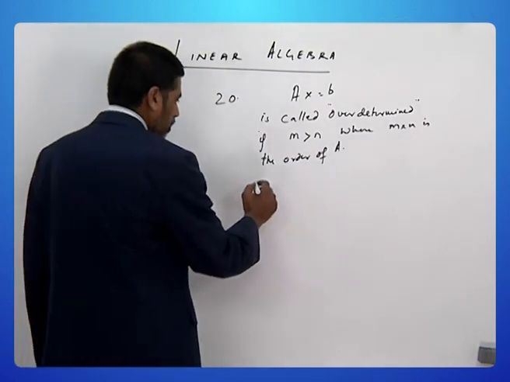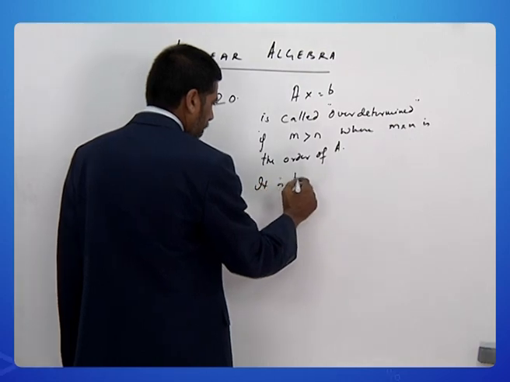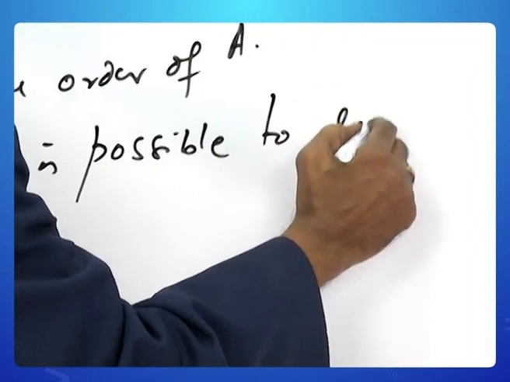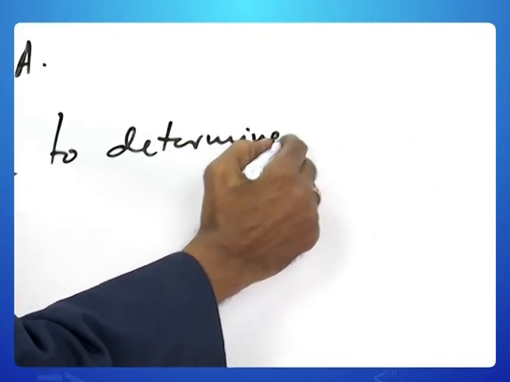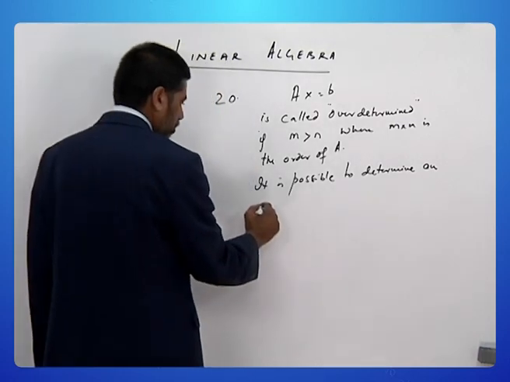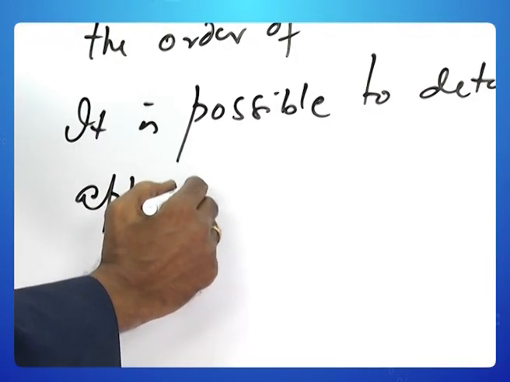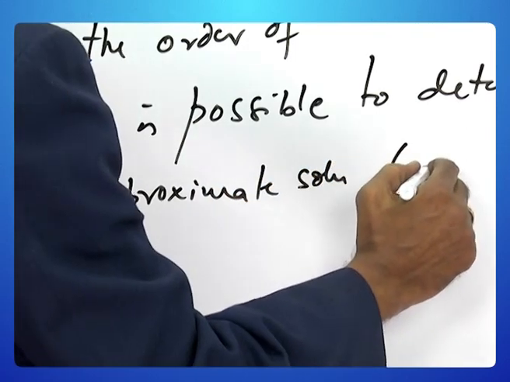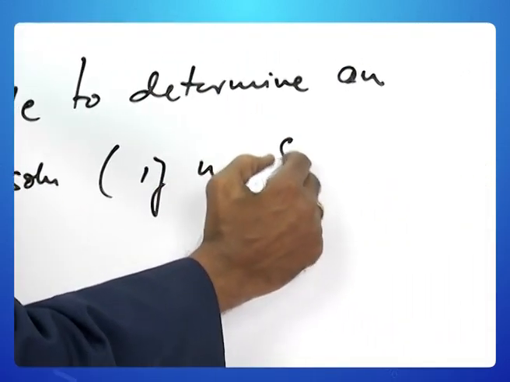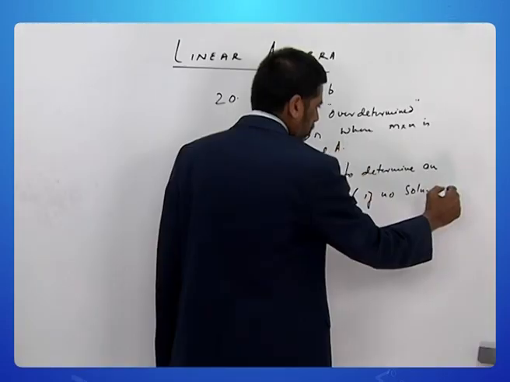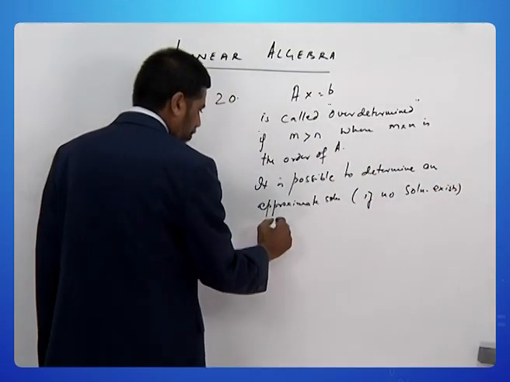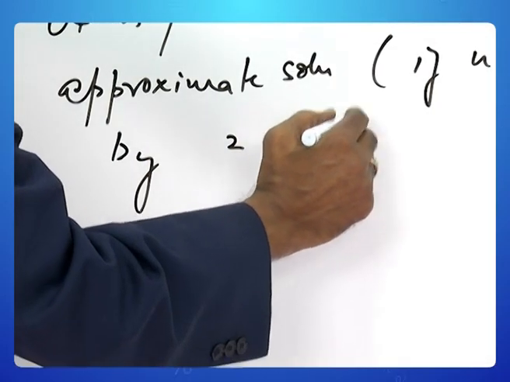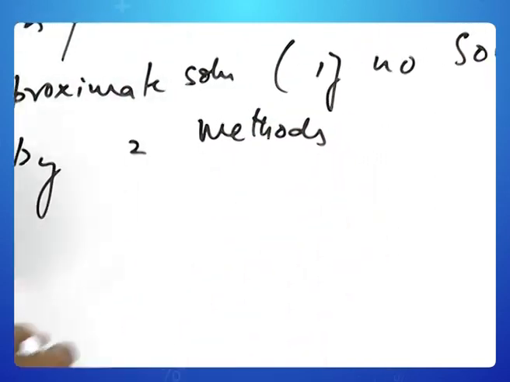So it is possible to determine an approximate solution if no solution exists by two methods, which is slightly difficult to discuss.